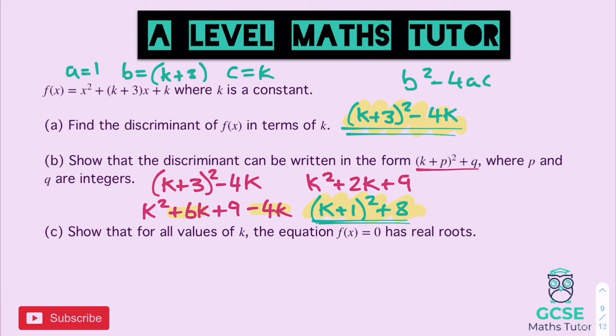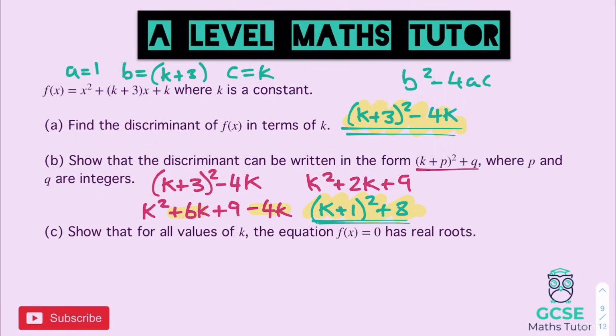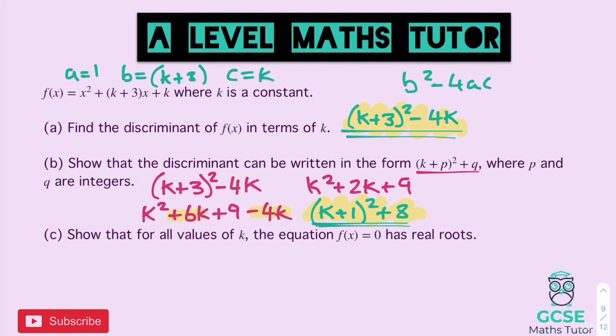So finishing this off, it now says, similar to last time, show that for all values of k, the equation where f of x equals 0 has real roots. So again, looking at our completed square form, at the moment we have (k plus 1) squared plus 8, and we're looking at that part in the bracket.